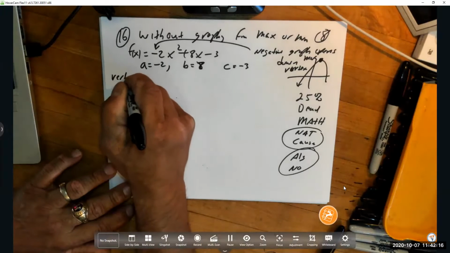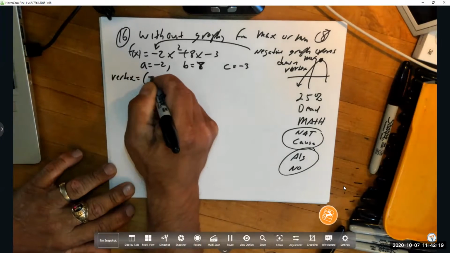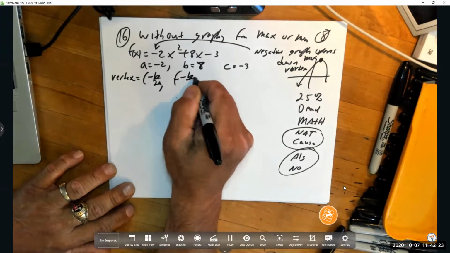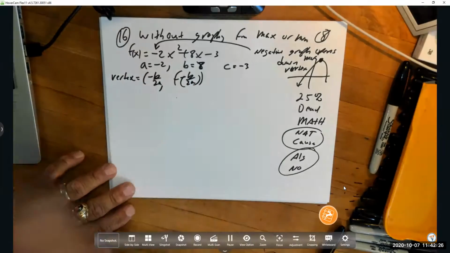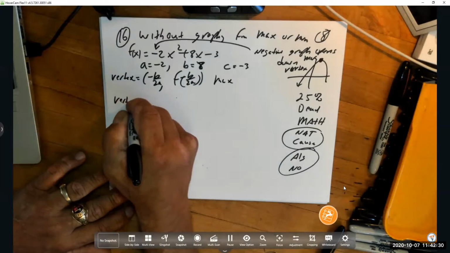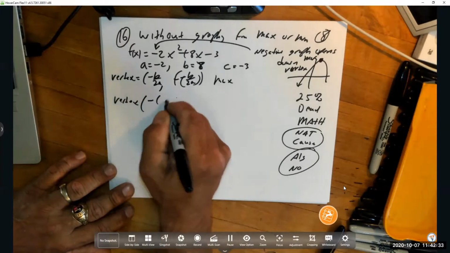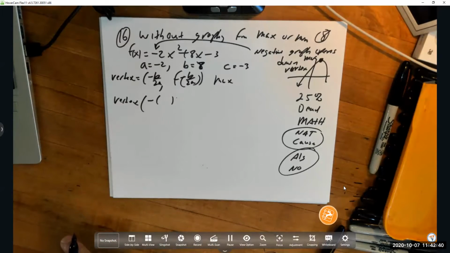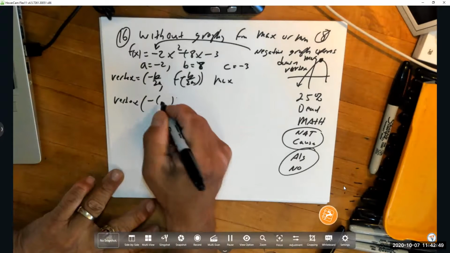So now, vertex, think about it. Is this negative b over 2a? F of negative b over 2a. That's the vertex. This is also going to be our max. What is letter B? Look at it first and then tell me the answer. 8.